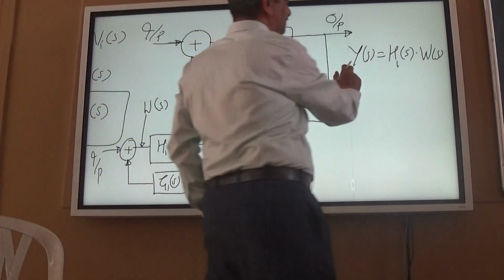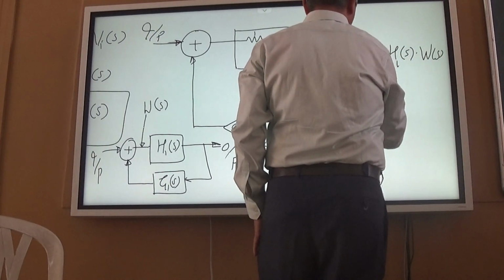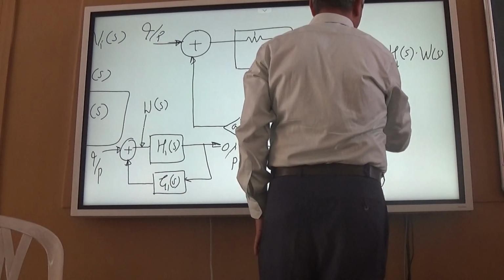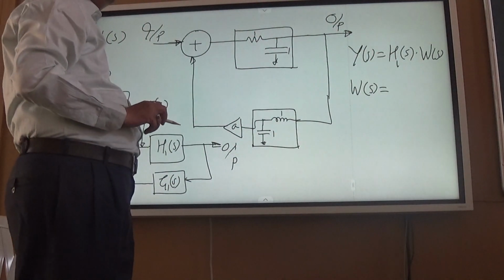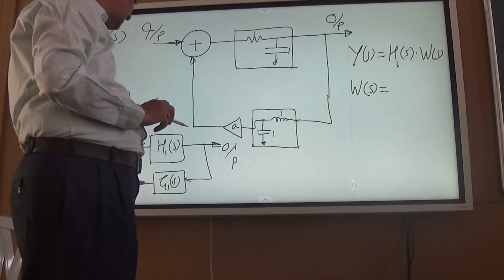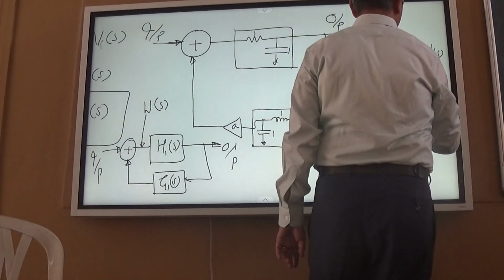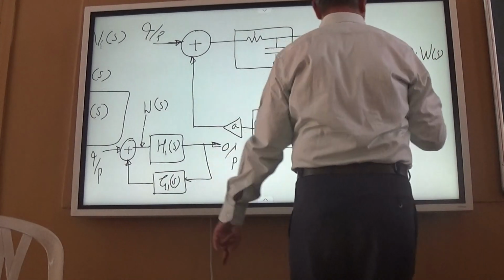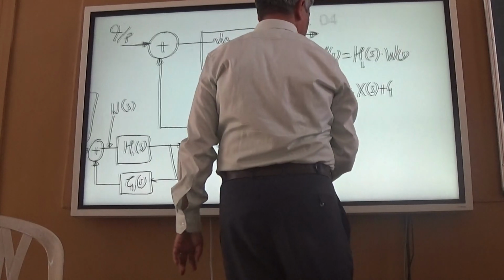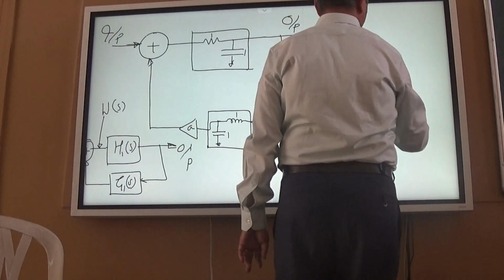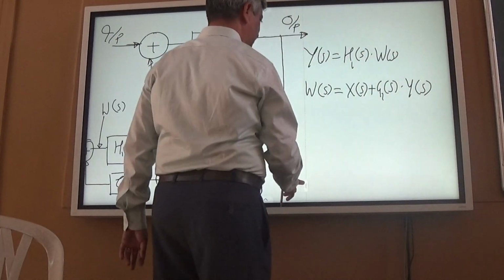So Y(s) is equal to H1(s) into W(s). But what is W(s)? W(s) is X(s) plus H2(s), this is G1(s), into Y(s). So, is it right?